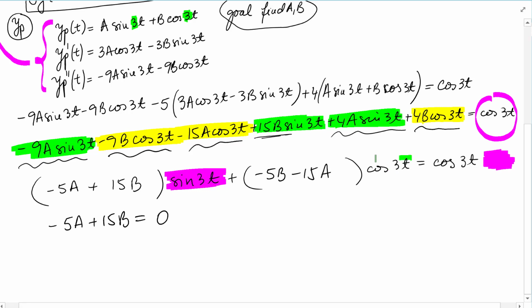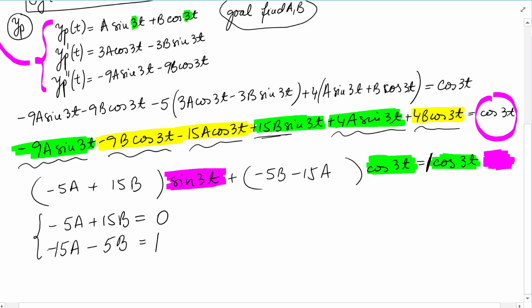And the coefficient of cosine of 3t on the left equals that on the right, so negative 15A minus 5B equals 1.